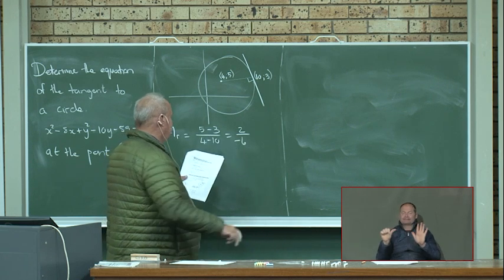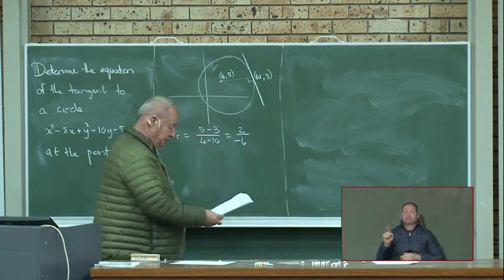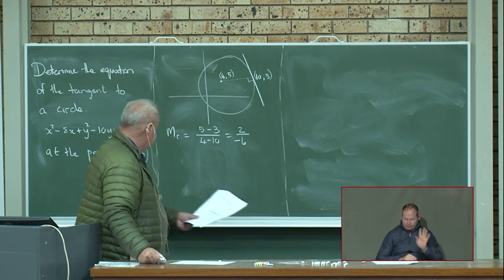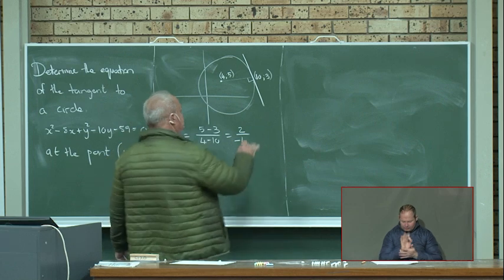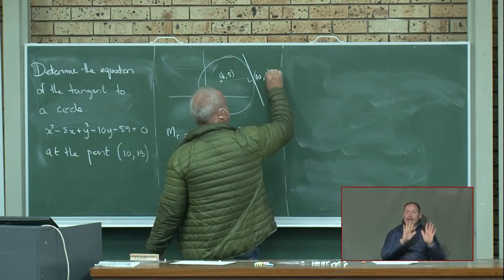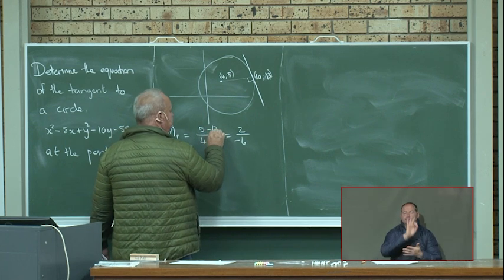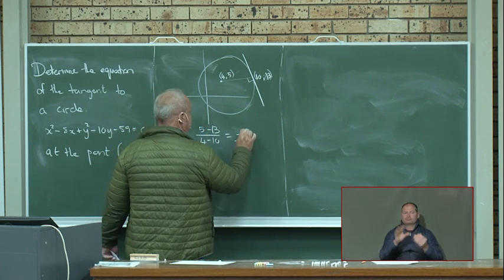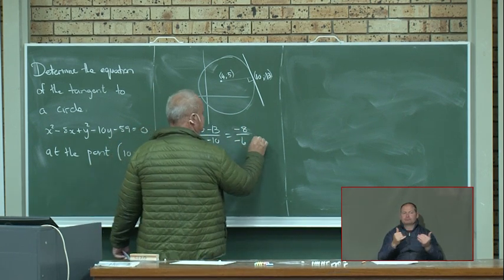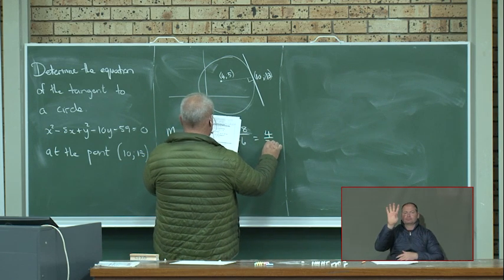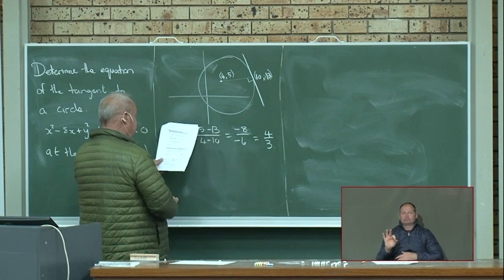So this here is equal to negative a third. No. (4, 5) and (10, 13). Not (10, 3), (10, 13). So here we can say it is 13 minus 5, and that is going to give you negative 8 over negative 6, which is equal to 4 over 3, the gradient of the radius.